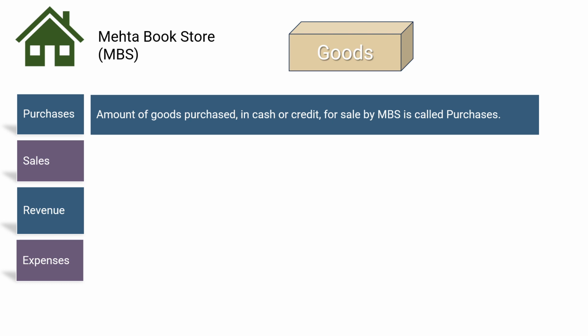Two things which you have to keep in mind is that purchases only include the purchase of goods, and it has to be in cash or credit, not necessarily cash or not necessarily credit. The goods may be purchased in cash or credit. So the amount of goods which is purchased in cash or credit for sale is called purchases.